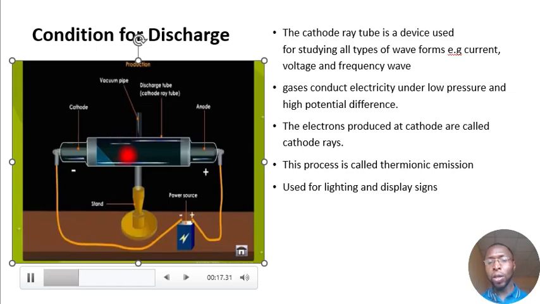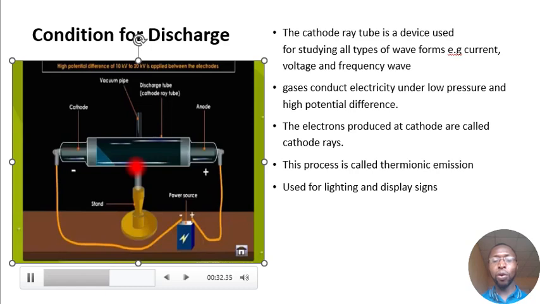So this is how we could see that current is being conducted, because the flow of electrons is actually the presence of electricity. So this is how to verify that gases can also conduct electricity when they are at low pressure and with high potential difference.